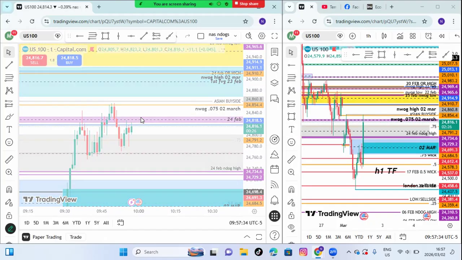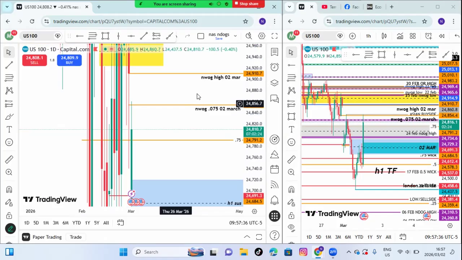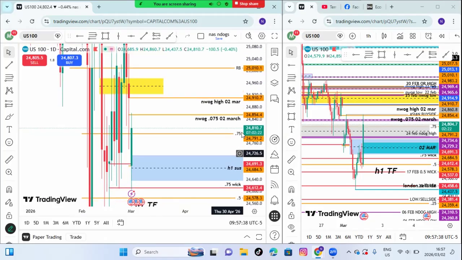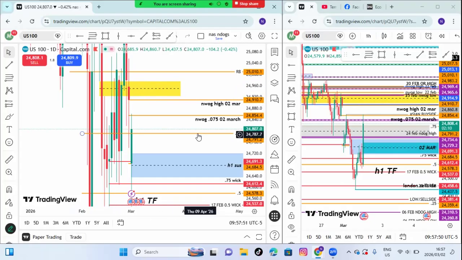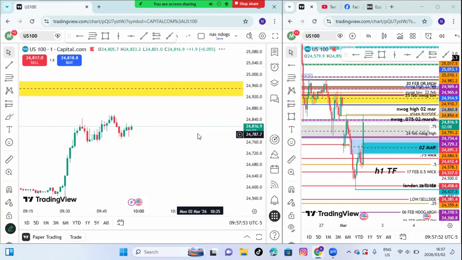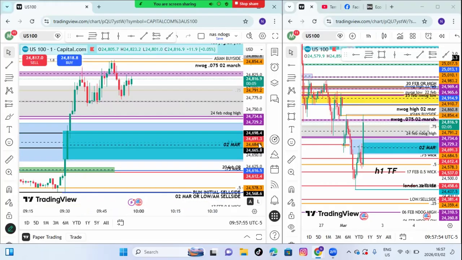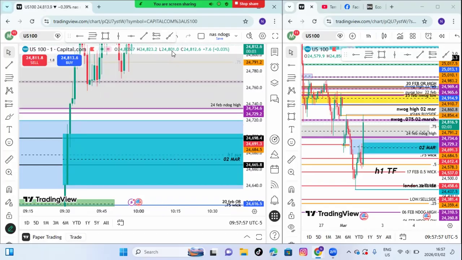If I go to the daily, what you see is, have a look up there, still there, right? You have this volume imbalance there and this gap that just happened. So let's see.